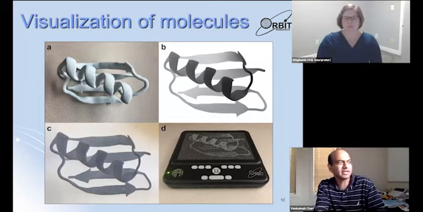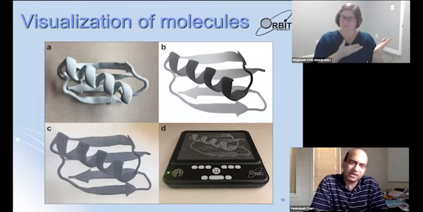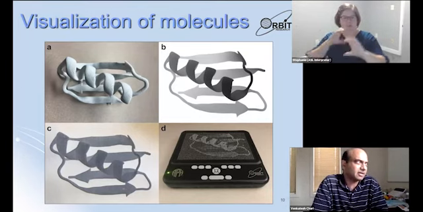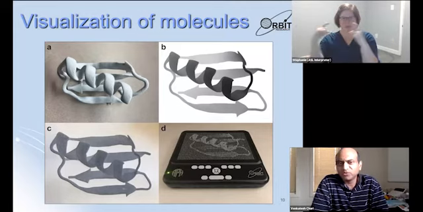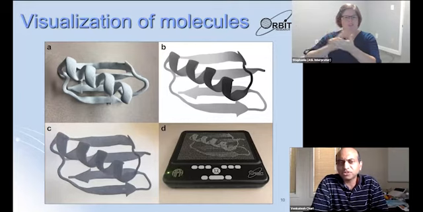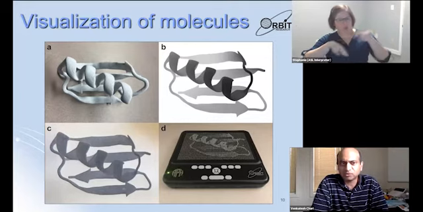This here is an application in chemistry where a student at the University of Delaware studying computational chemistry wanted to visualize a protein molecule that the lab was working on.